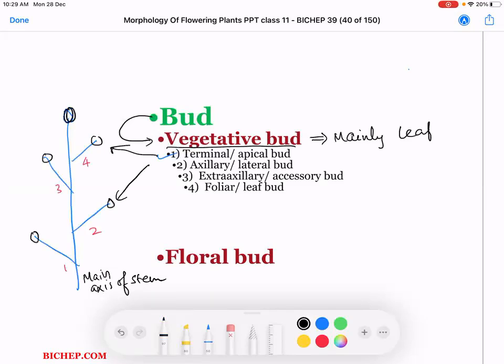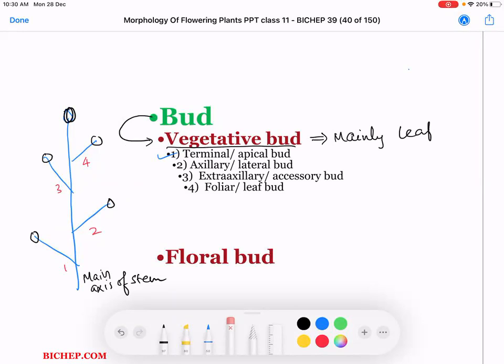So the bud found on the top of any part of the plant is called terminal or end part bud or apical bud. This is the most proper word, apical bud, right?